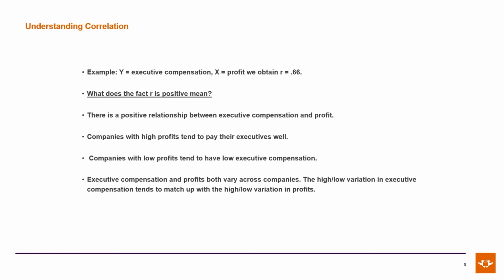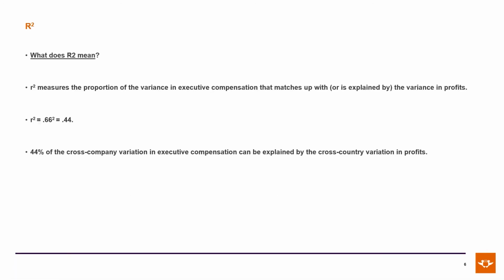Now R squared, very important measure. We're going to use this with our regression analysis as well. R squared, ultimately all it does is it squares our R, or takes the power of 2 of our correlation measure, and what it measures is the proportion of variance in one variable, in this case executive compensation, that explains the variance in the other, in this case profits, and vice versa.